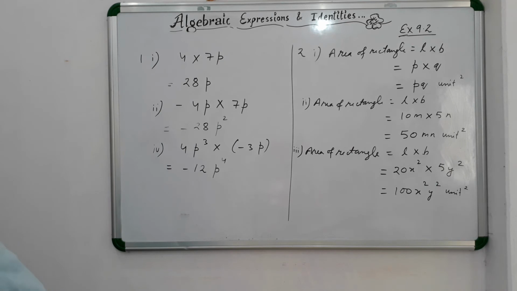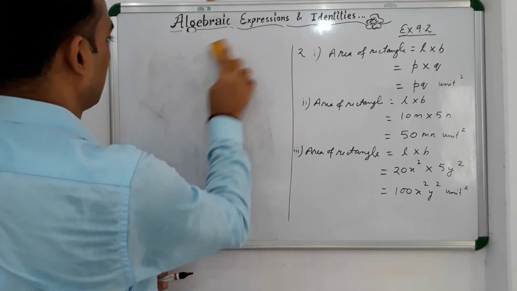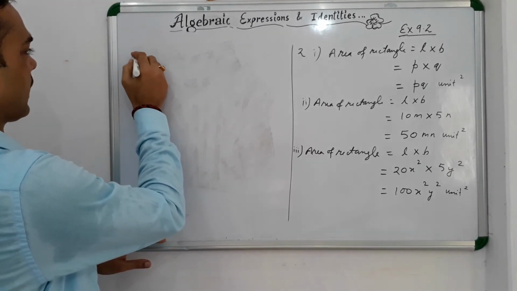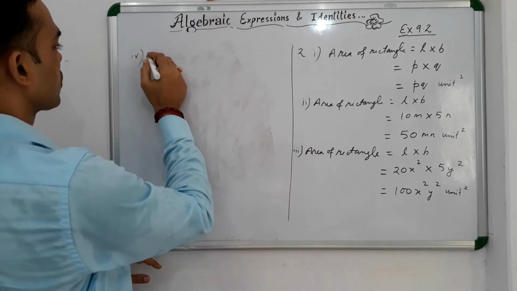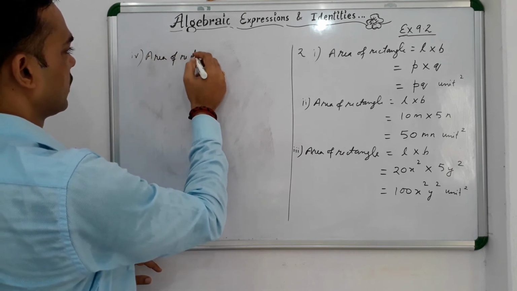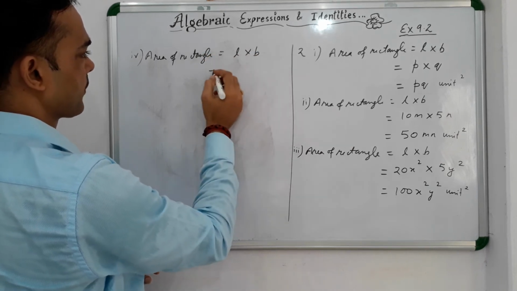In fourth part we begin. Before that, let's erase this. In fourth part also we have to find out the area. So area of rectangle, you people know that it is length into breadth.